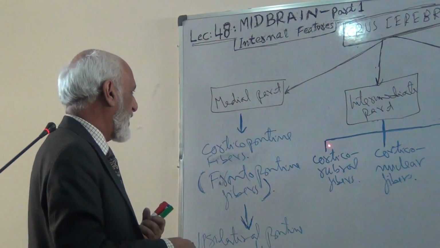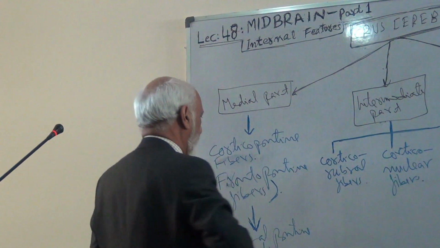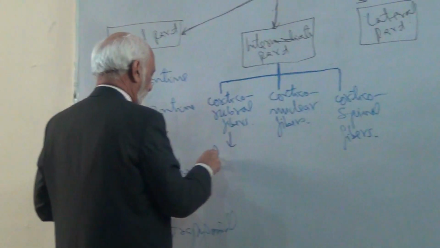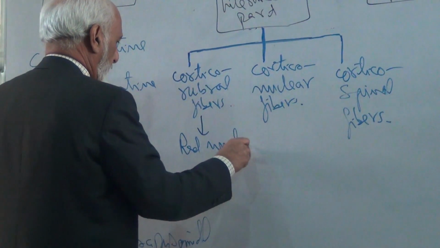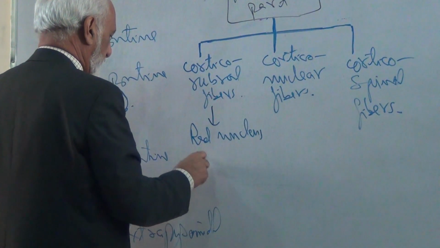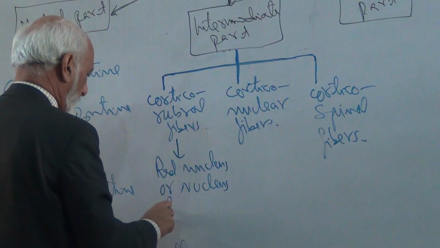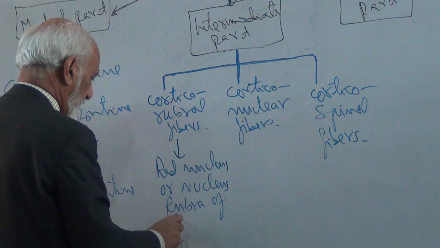This is why these fibers are known as the corticorubral fibers. They terminate in the red nucleus, or nucleus rubra, which is located in the midbrain.